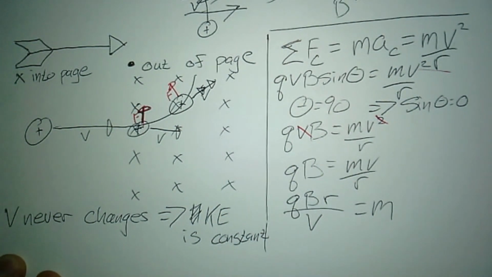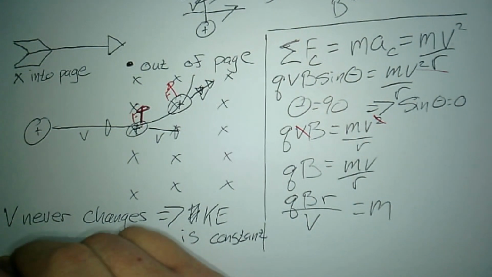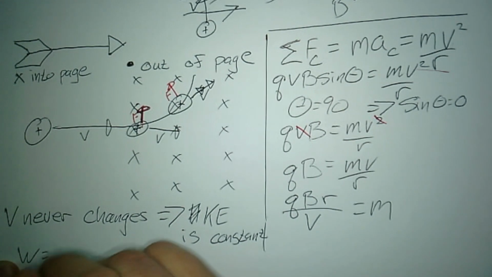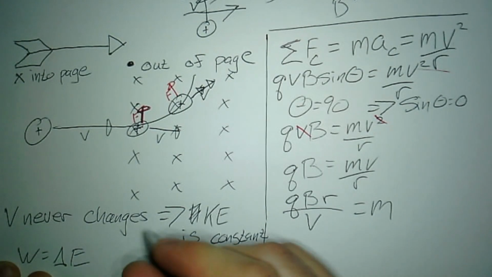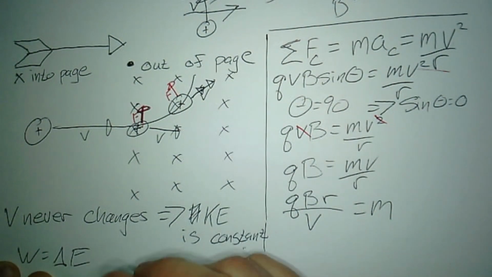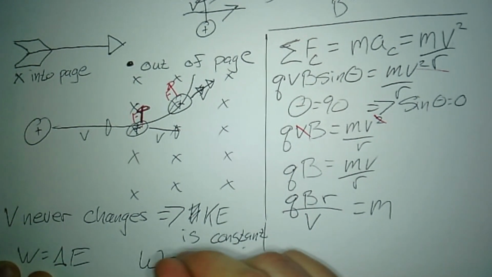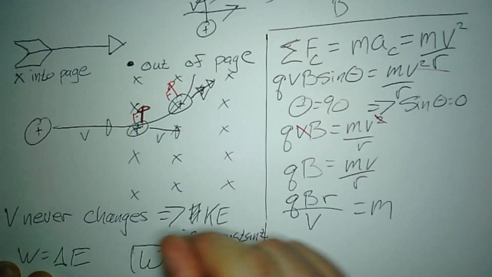So how much work was done if the kinetic energy is constant? Well, work is the change in energy, and if kinetic energy is constant, this tells me that the work done and the change in energy is 0.